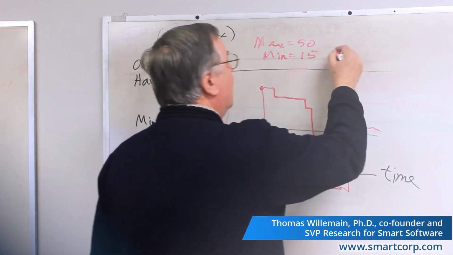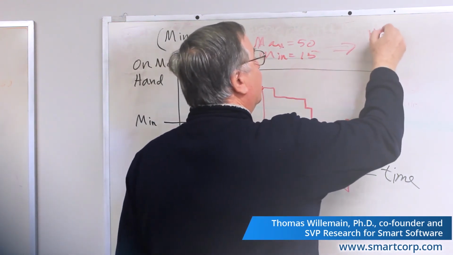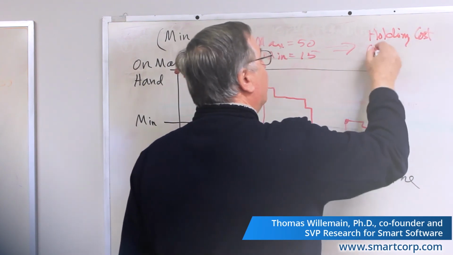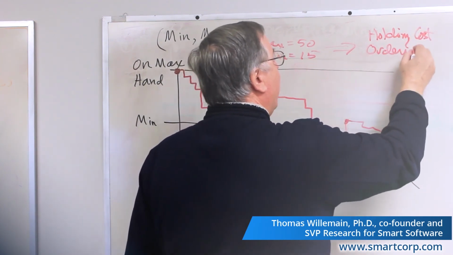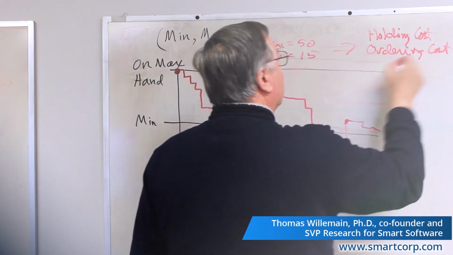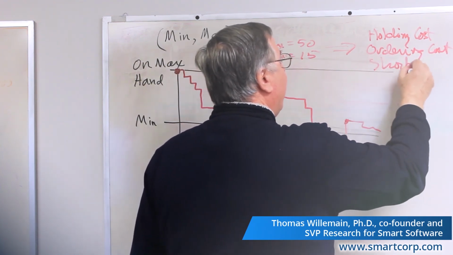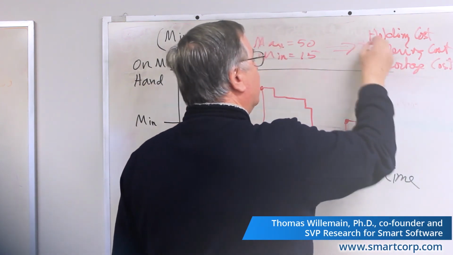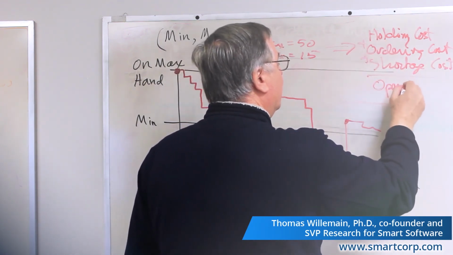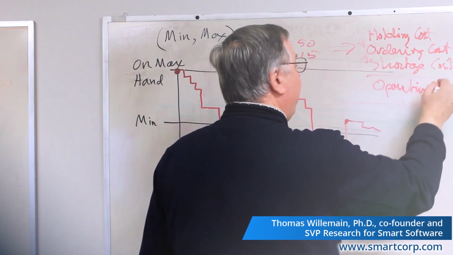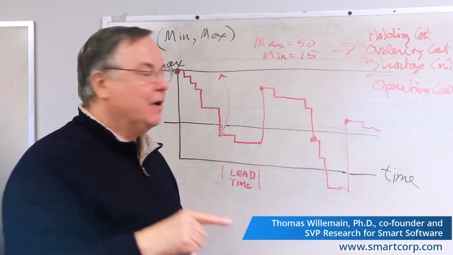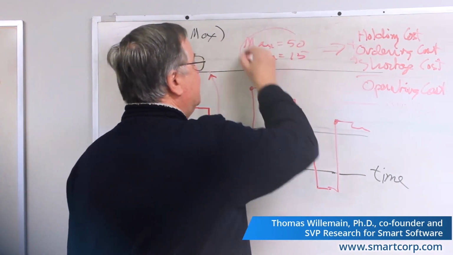What does that imply for holding cost, for ordering cost, for shortage cost? And if you add those together, you get the total operating cost of that policy with these choices.